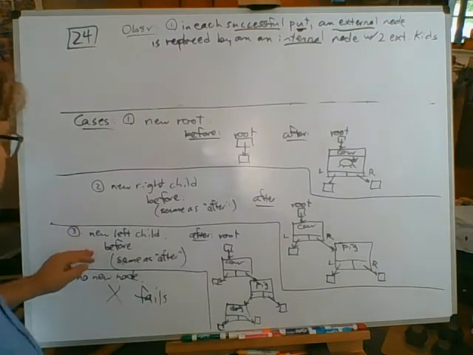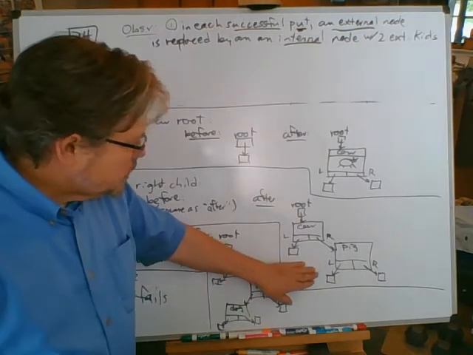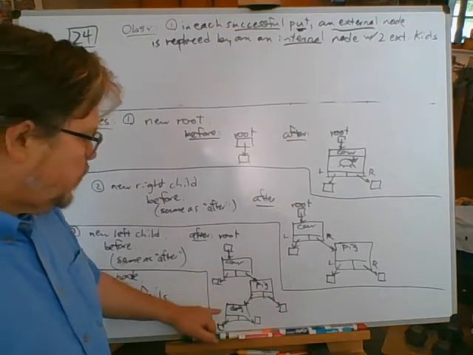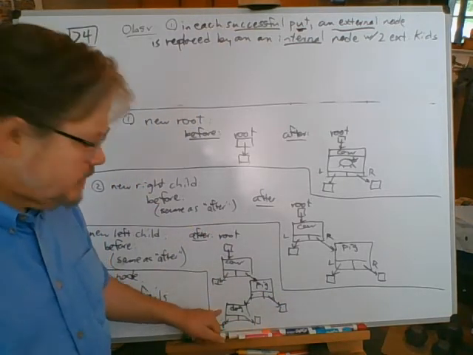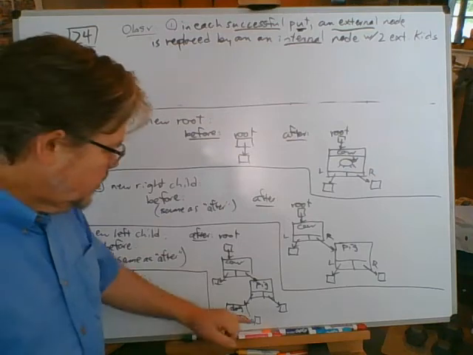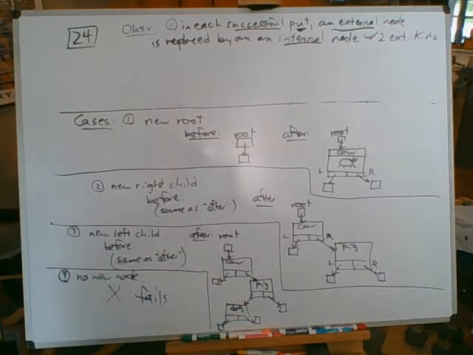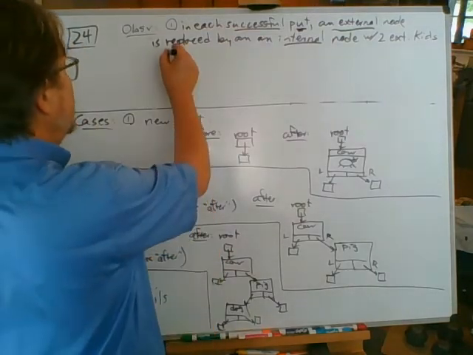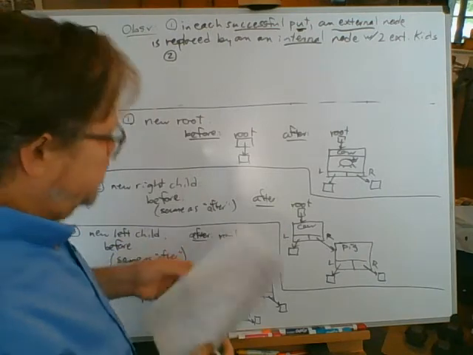What about a new left child? Here's the before picture for that. We replace, in this case, the left child with a pointer to an internal node that has the dog value in it, with two external kids. So that appears to be correct based on the data that we have available to us at this point. And in fact, yes, it's always going to be like that.